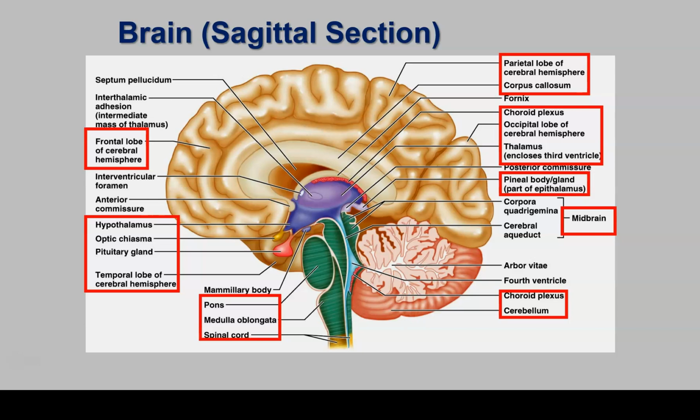Okay? Next, continuing inferior, we find the thalamus, the hypothalamus, and the pineal gland.